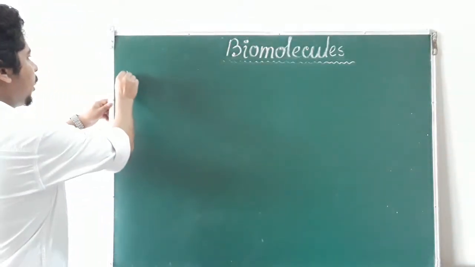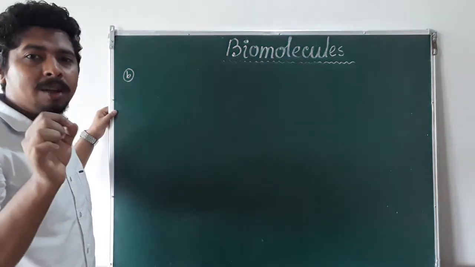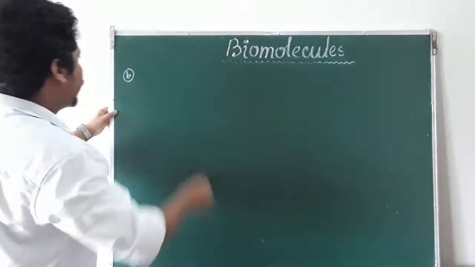Then B. Okay, with the help of another reaction, we will confirm that this glucose contains the carbon atoms in the straight chain form.